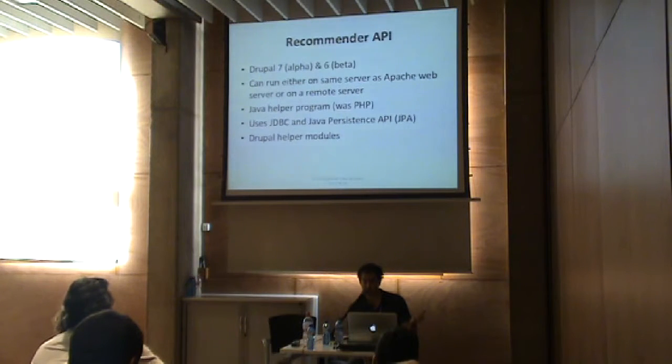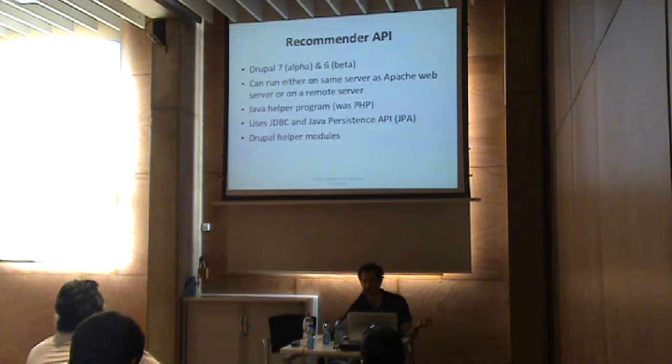It basically gets the data directly from your Drupal database, from the Recommender tables that are set up according to its schema. And then the Java module is instantiated via cron script. There's a batch file if you want to run it on Windows via Cygwin.